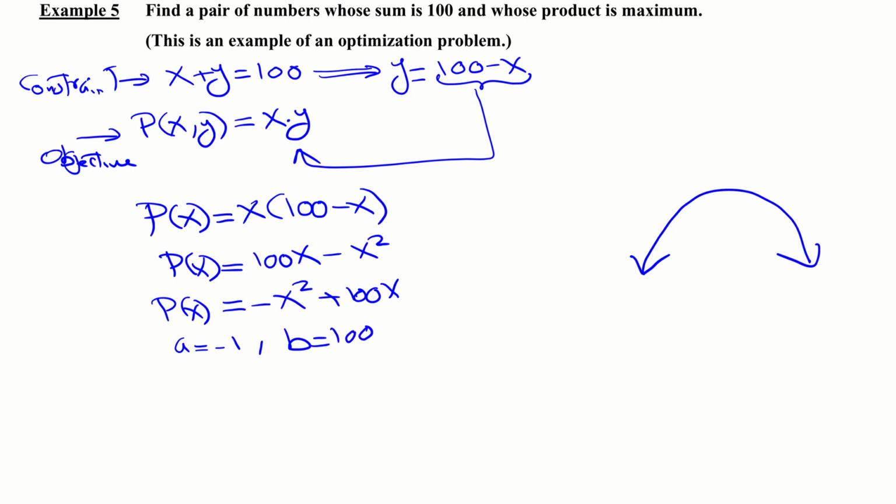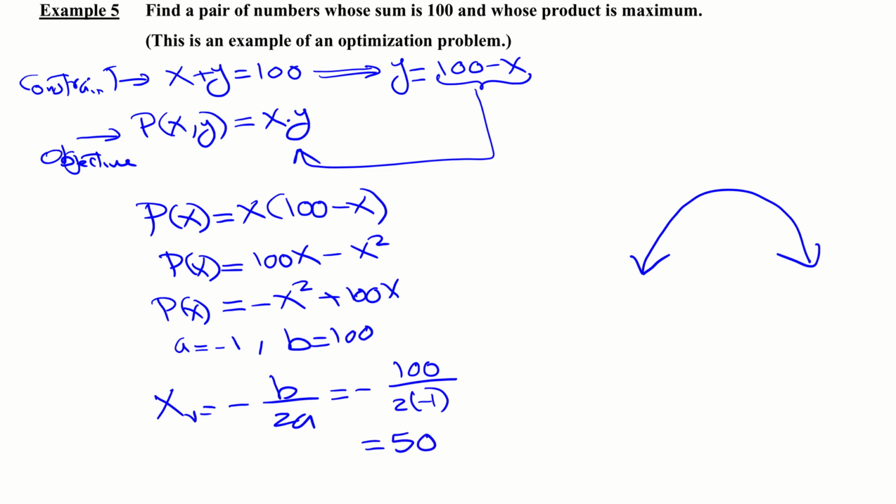We know the x value of the vertex is going to be -b over 2a. So it's -100 over 2 times -1. That's 100 over 2, which is 50.